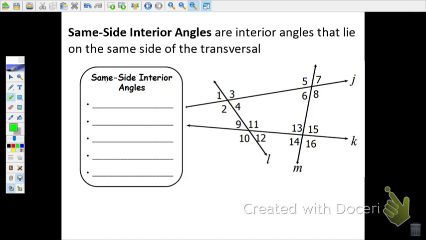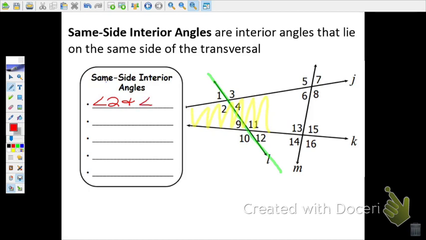Another pair we might be asked to identify are same side interior angles. So looking at our transversal, again, we're looking at interior, so inside of those 2 lines, but this time we want them on the same side of the transversal. So angle 2 is same side interior to which angle?